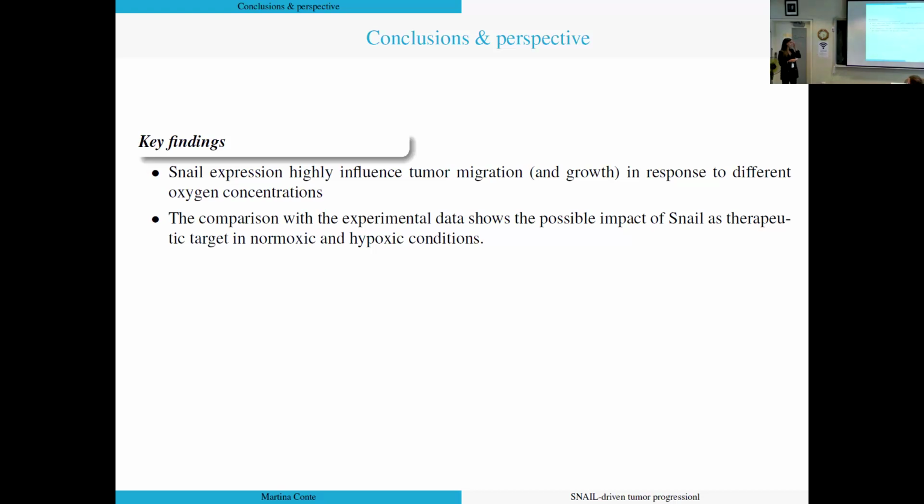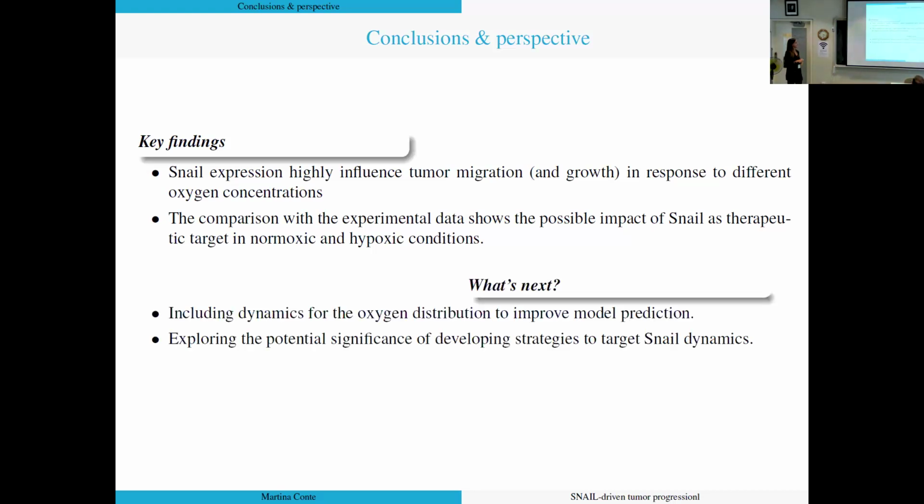In particular, the comparison with the data and with the up and down regulation of the protein was very interesting because it allowed us to show room for possible improvement of the control of Snail also as a therapeutic target. Actually, I read that there are already some therapies that look at this specific protein, but I think that there is still a lot of work that can be done in that direction.